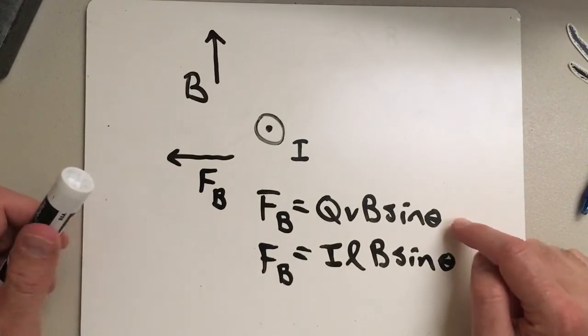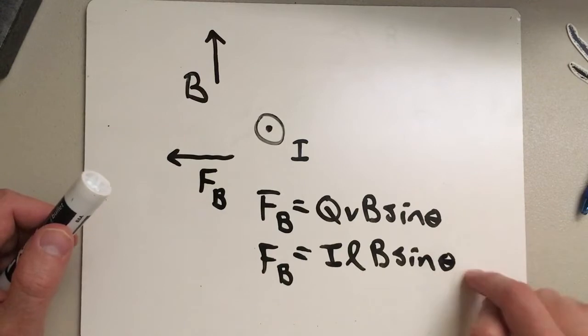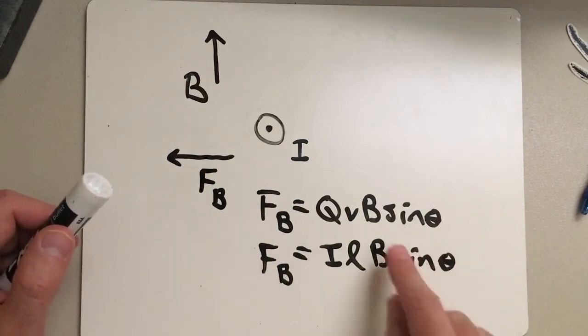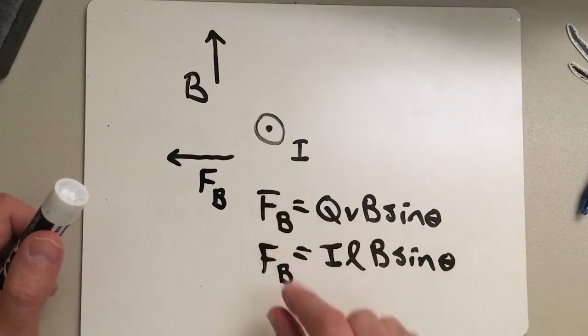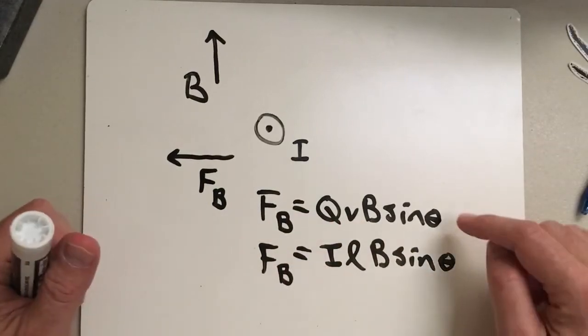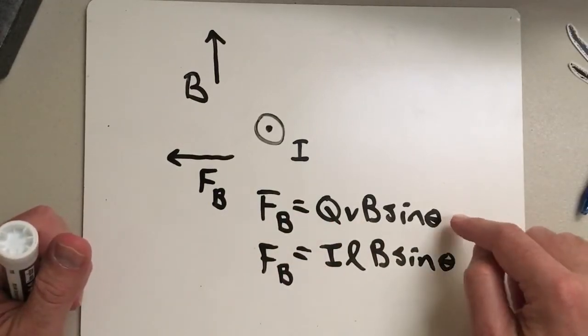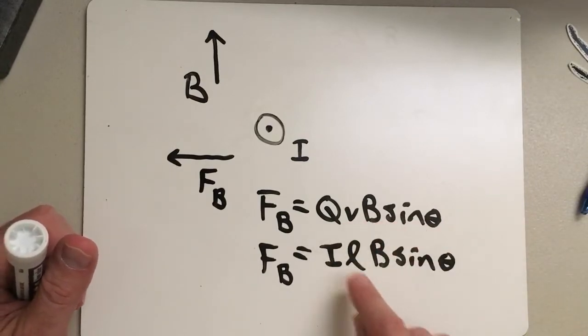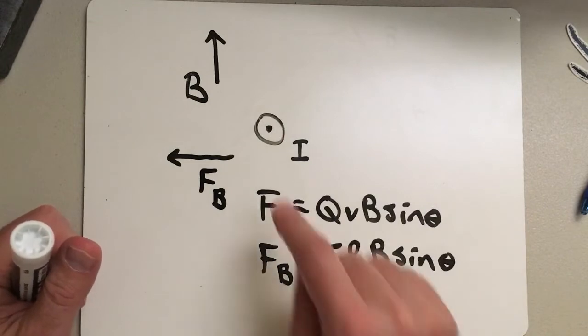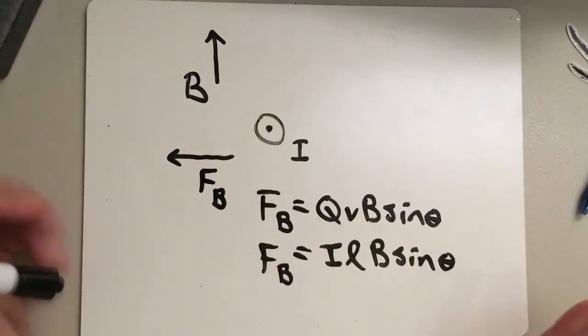So if theta is 0 or 180, then of course the sine of 0 is 0, the sine of 180 is 0. So in both of those situations, the magnetic force is 0. Here in this formula, the angle is between the velocity and the magnetic field. Here the angle is between the direction of the current and the magnetic field. Okay, that's what the angles are.